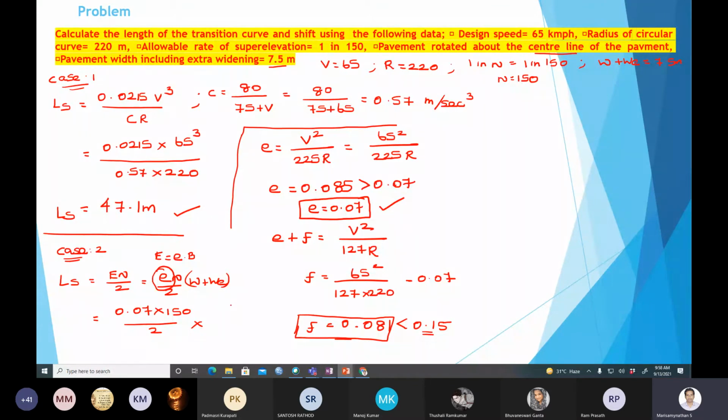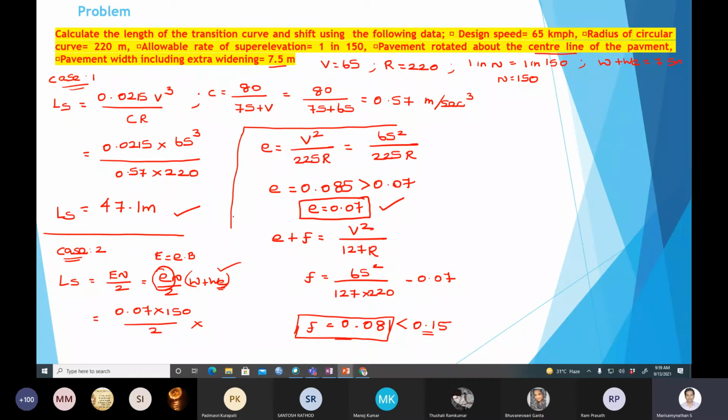In case the extra widening is not given, you have to estimate WE separately, which we saw in the last class, mechanical as well as psychological. When you add the two components, you will know the extra widening width.